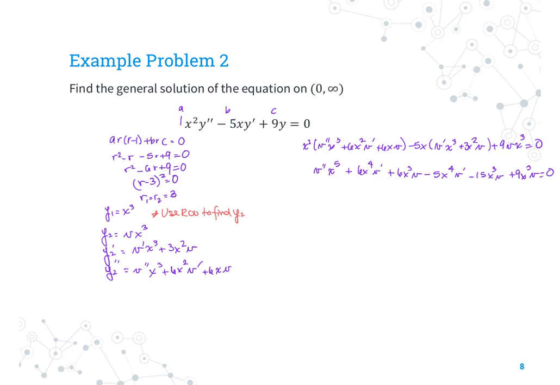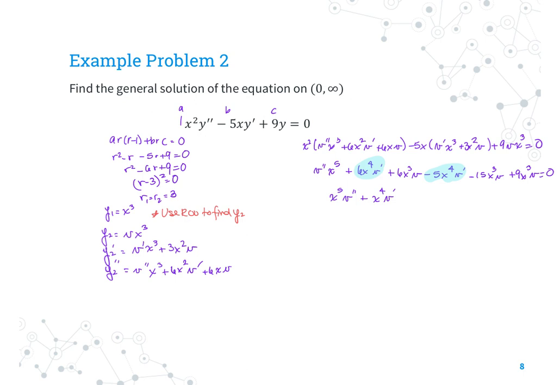If we look at the different kinds of terms, we have a 6x to the 4th v prime minus a 5x to the 4th v prime. So we already know that we're going to have an x to the 5th v double prime, plus now we just have one x to the 4th v prime left. And this is where our sanity check comes in. We should have it that all of our x cubed v terms cancel out.